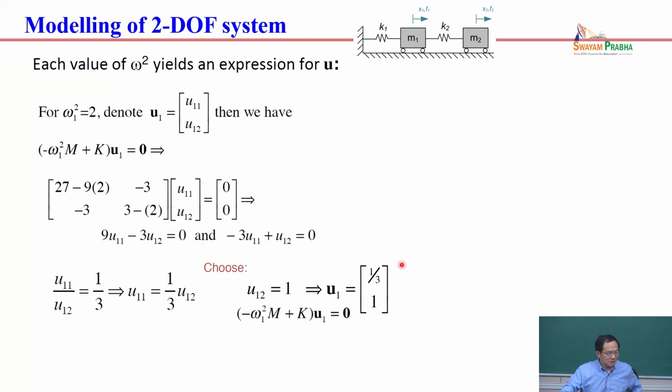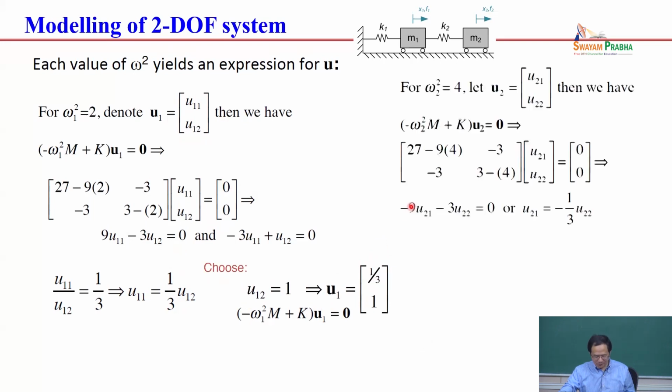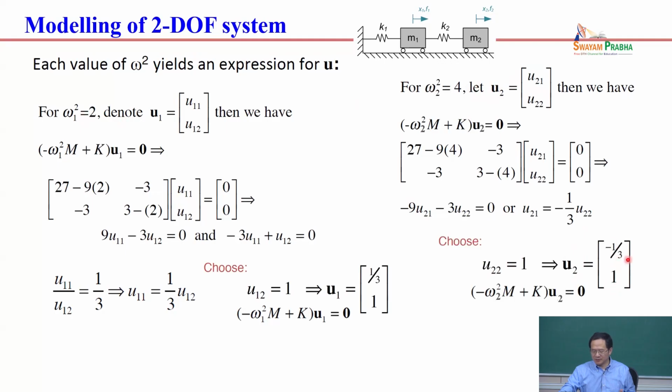This vector, right? And what does it mean? Okay, I will tell you what that means very quickly. And similarly, you have omega 2 here. You solve this vector, right? This negative 1/3, 1. This is eigenvalue, eigenvector, right?